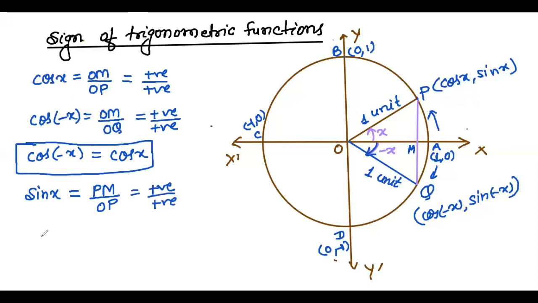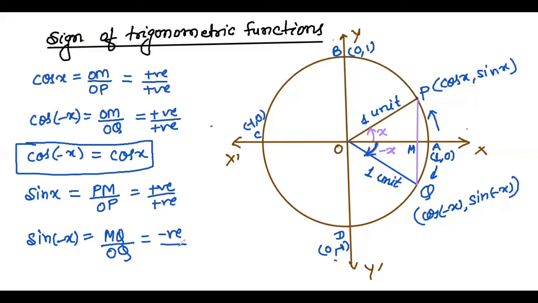Now sine of minus x, in the clockwise direction, for this angle minus x, is MQ. For this right angle triangle OMQ, the perpendicular is MQ, and MQ divided by hypotenuse OQ. MQ is parallel to the negative of the y-axis, meaning downward, so MQ is negative.